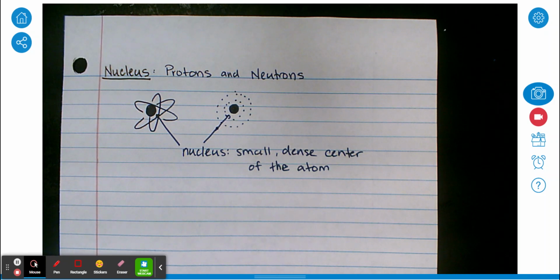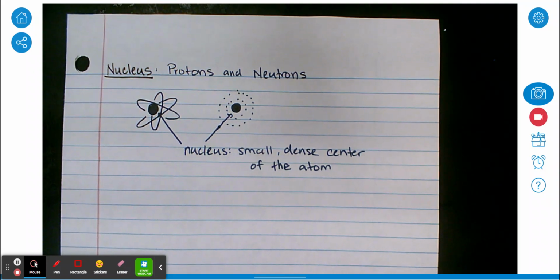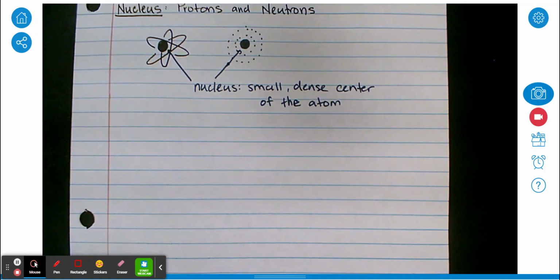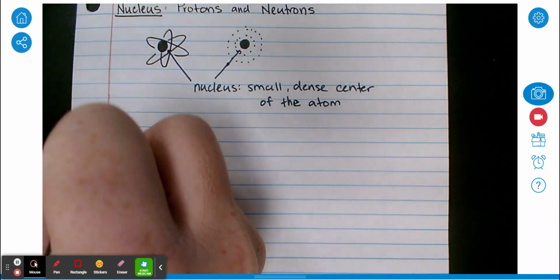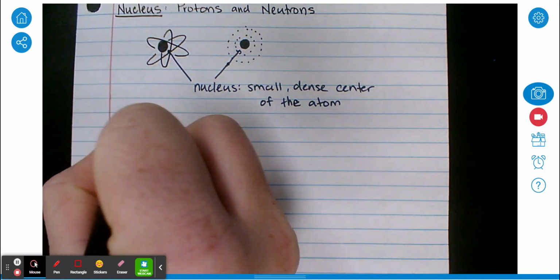Inside that dense center are our protons and neutrons. And we've done these drawings before where we zoom in on the nucleus and draw our protons and neutrons. So we're going to loop back to our favorite element from Unit 1, radium.